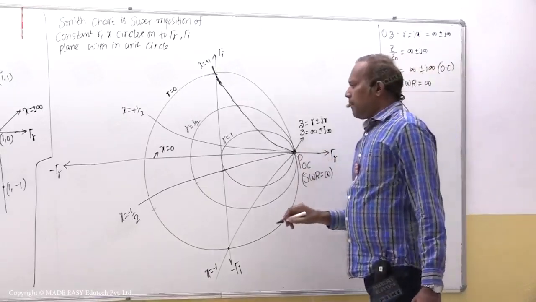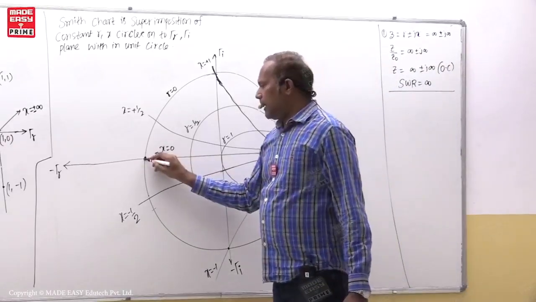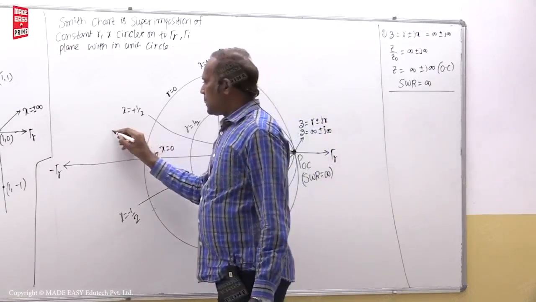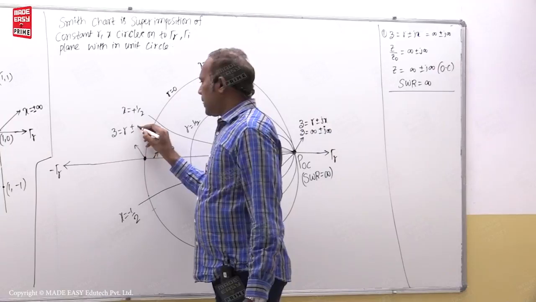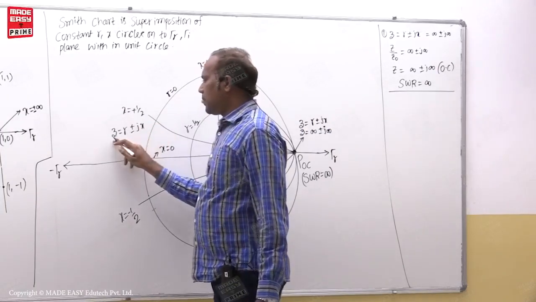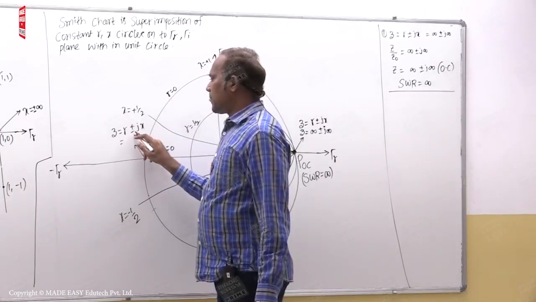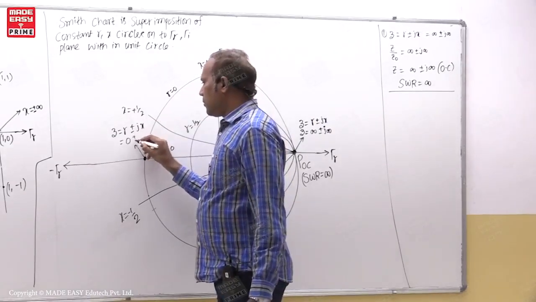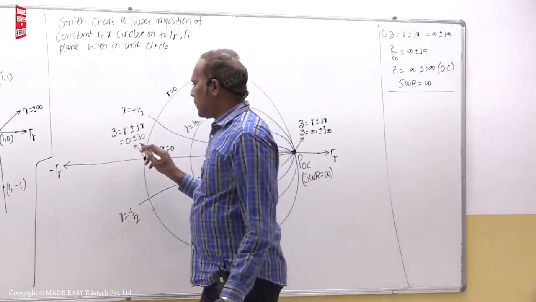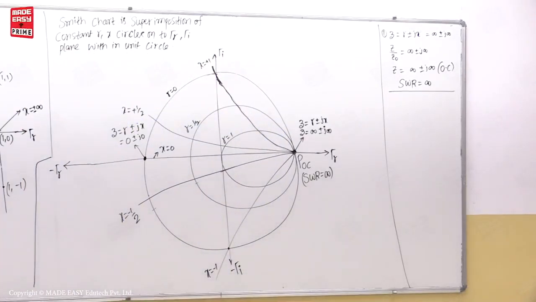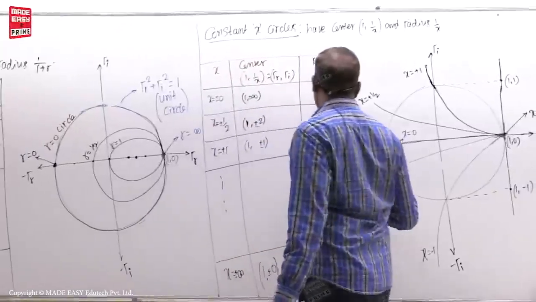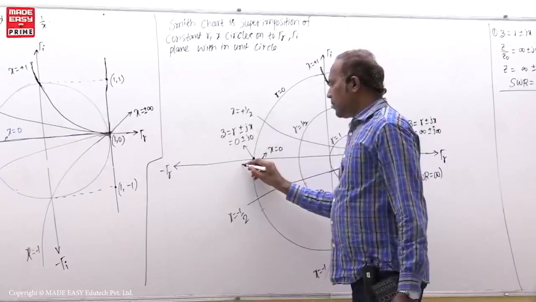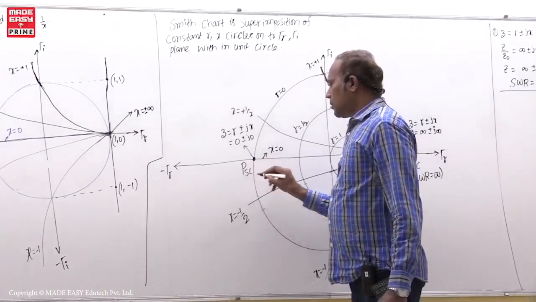Now for this location, if you see here, small z is equal to r plus or minus jx, that is normalized impedance is equal to normalized resistance plus or minus j into normalized reactance, that is r value 0 plus or minus j 0. So here r value is 0 and x value is 0. At this location both are 0. That is why it's called the point of short circuit.